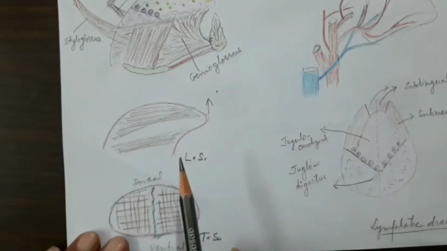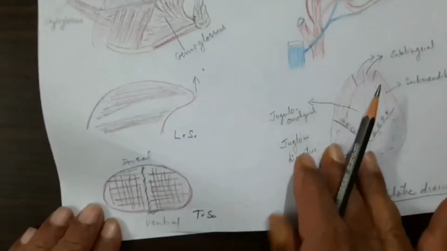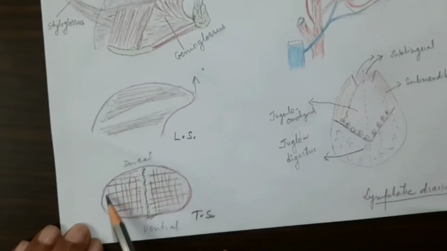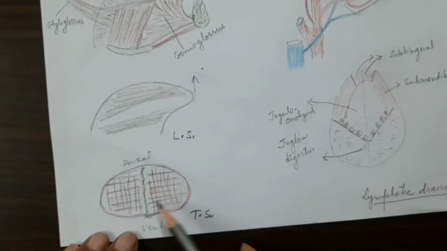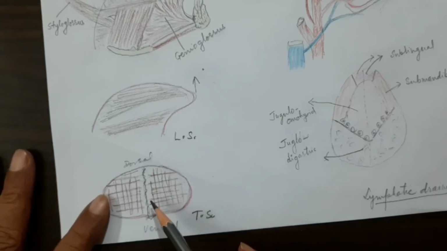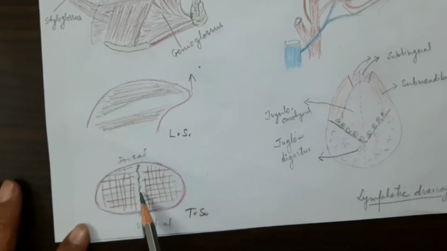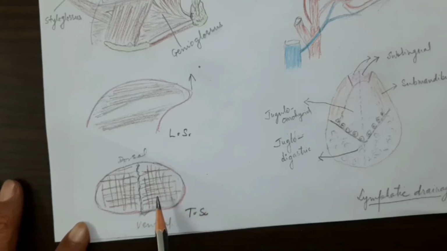Then comes the transverse lingual, and for this I have cut a cross section, the coronal section of the tongue, which will show you the transverse fibers. These fibers arise from each side of the median septum, the lingual septum, and run towards the lateral border of the tongue.